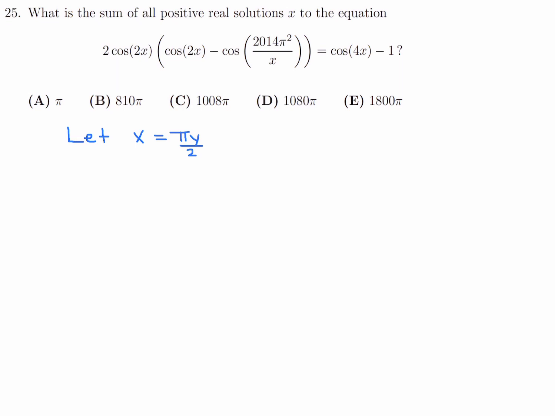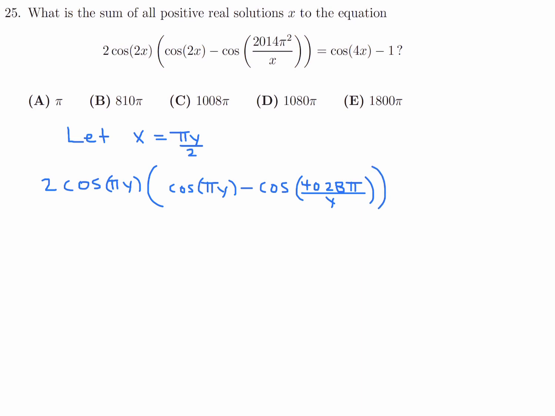And when you make that substitution, you get 2 cos pi y times the cos of pi y minus the cos of 4028 pi over y, and on this side, it's going to be the cos of 2 pi y minus 1.